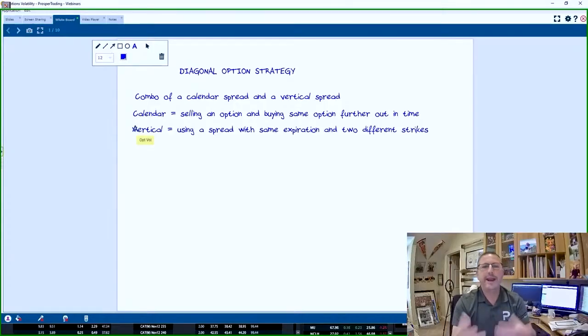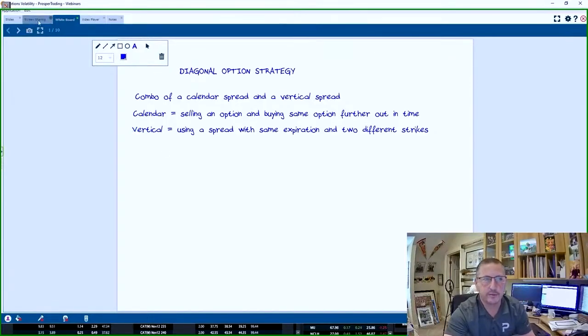So a diagonal is a combination of buying time and using different strikes. The reason we do this is to buy time, especially when option volatility is cheap. Options cost less. But by using the vertical part of this spread also, it really gives us more direction to where we want to go.